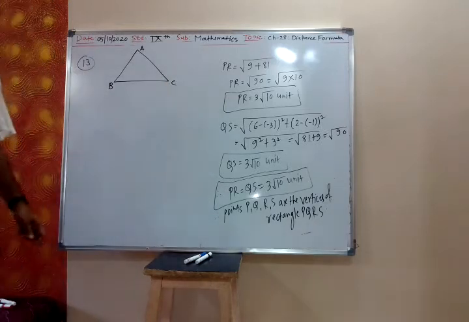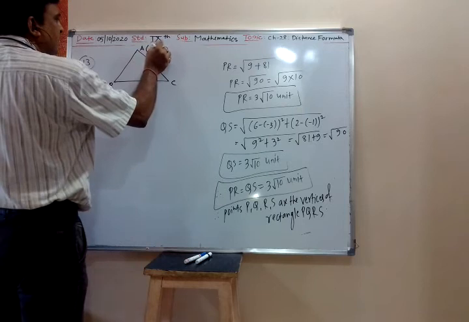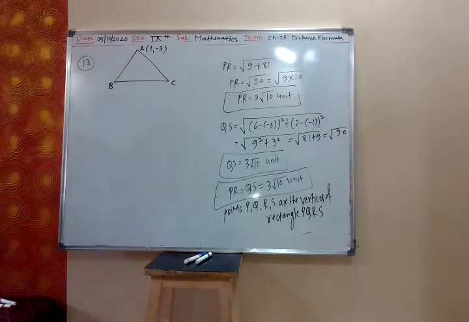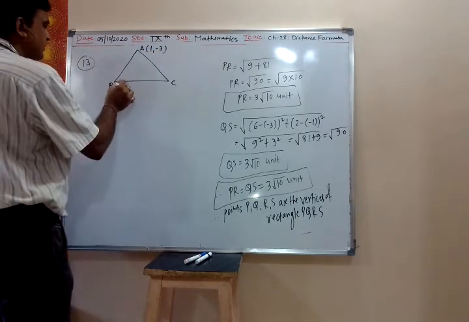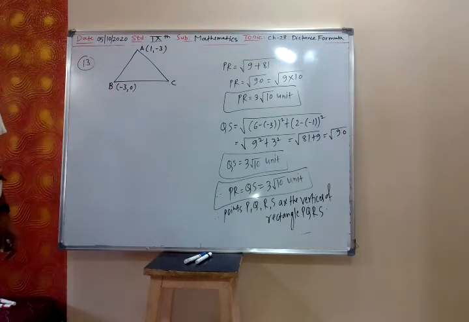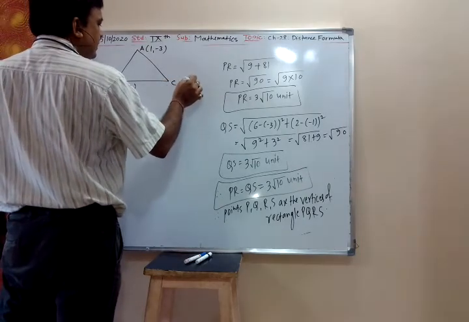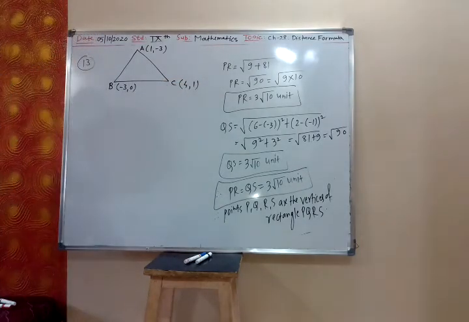Now the coordinates of A are 1, -3. Coordinates of B are -3, 0. And C is 4, 1. So these are the vertices given. Now prove that these are the vertices of an isosceles right angle triangle.